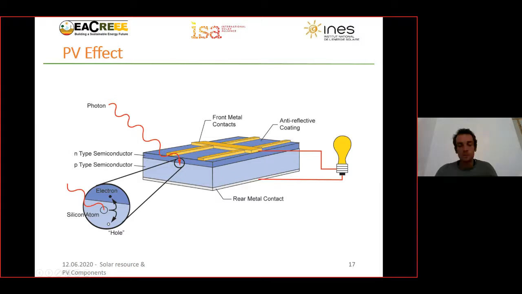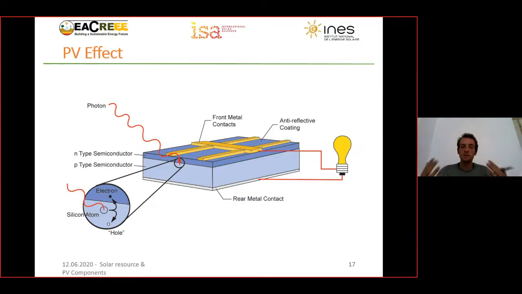Now, before going to all the system components, with all this solar resource, how can we convert this solar resource into electricity? And that's the basic physical property of the PV effect.